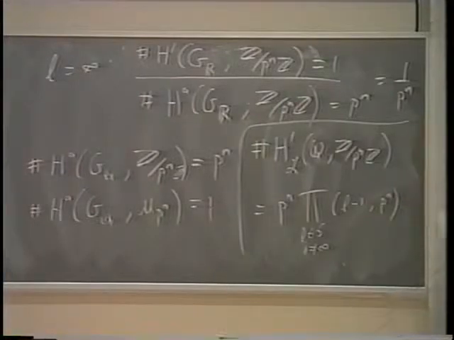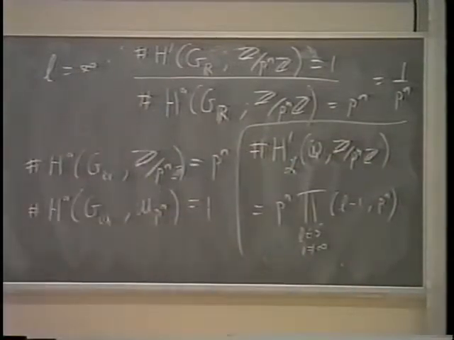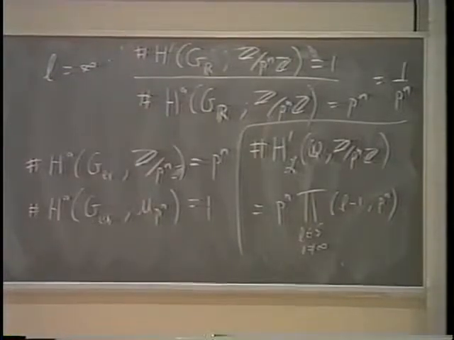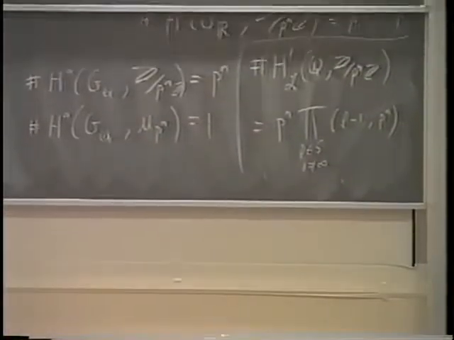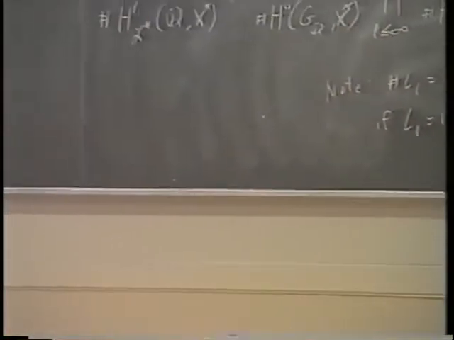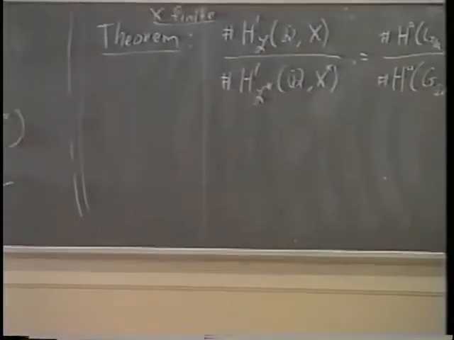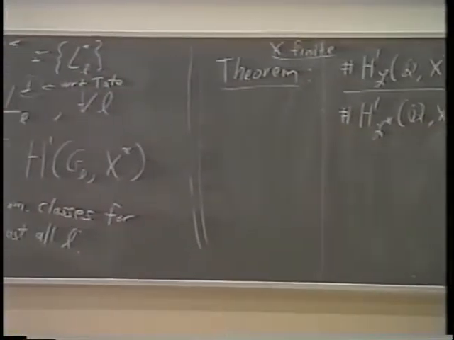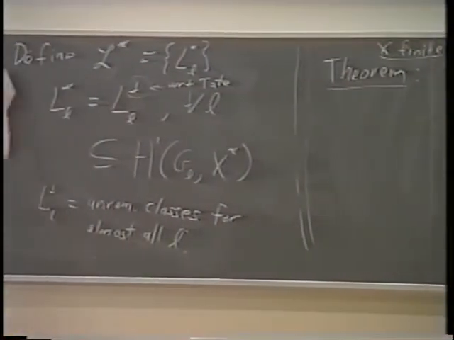So what's this good for? Okay, so now I guess the question is, why did I choose Z mod p to the n as the group? Well, it's trivial action.